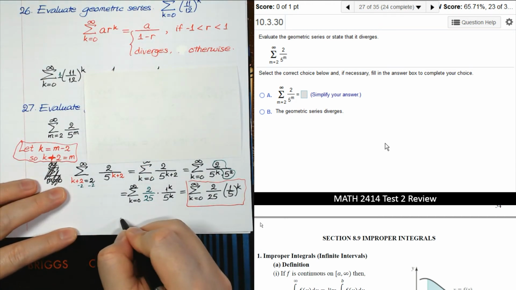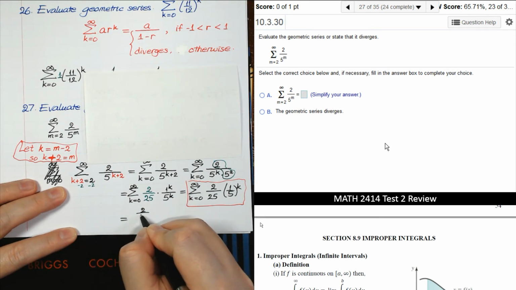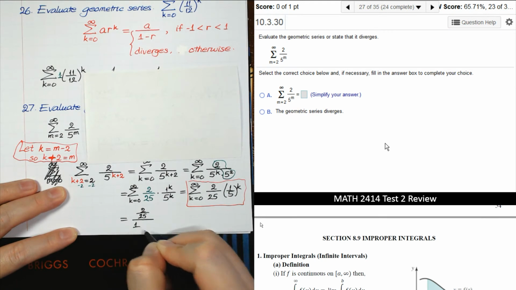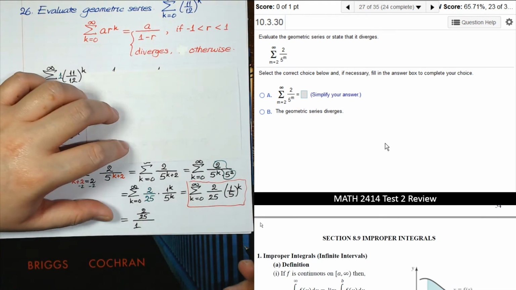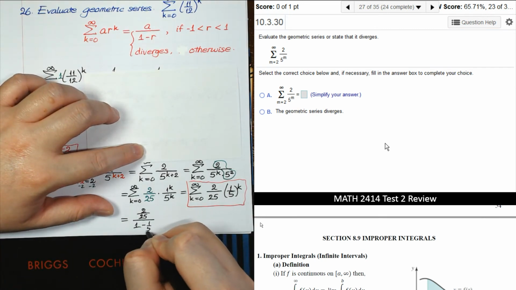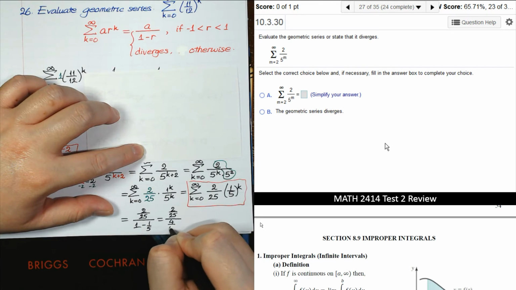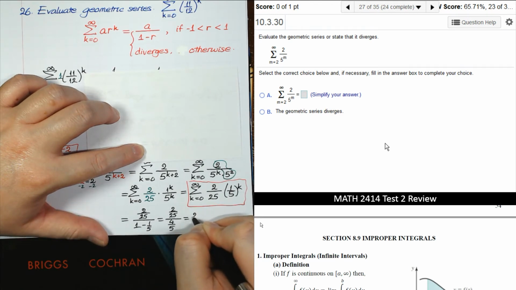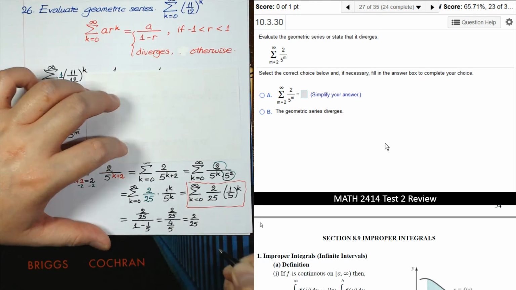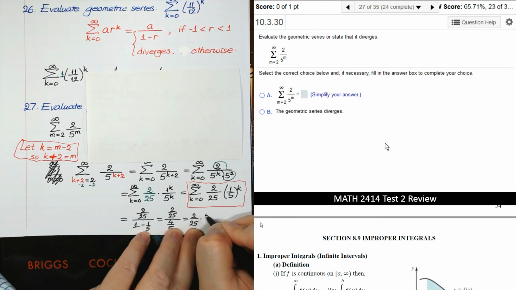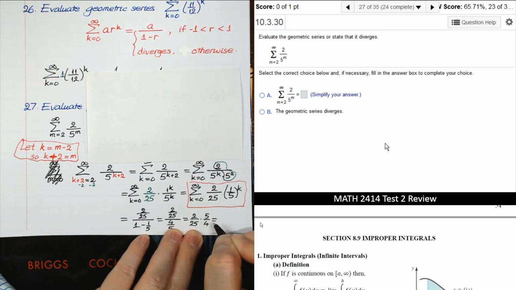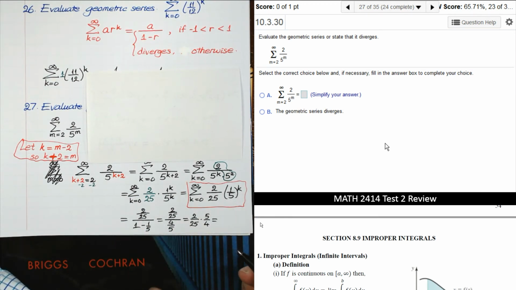So this sum is equal to, the first term is 2 over 25. The ratio is between -1 and 1, so minus 1/5. 2 over 25. 1 minus 1/5 is 4/5. Multiply by the reciprocal. 5 and 25 cancel out.